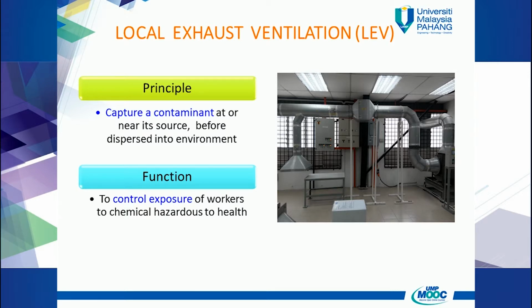LEV is generally a far more effective way of controlling highly toxic contaminants before they reach the workers' breathing zones. This type of ventilation system is usually the preferred control method if any contaminants pose serious health risk and large amounts of particles, gases, and vapors are generated.